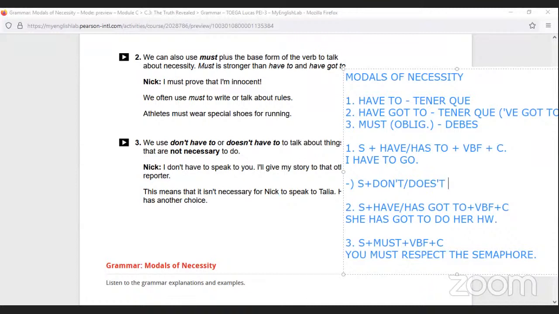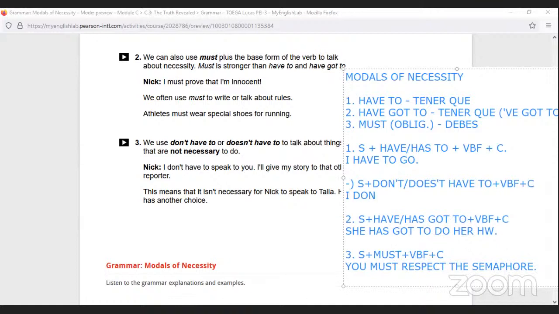After this, have to, then the verb in base form and the content. So this is the negative. For example, I don't have to go out today.